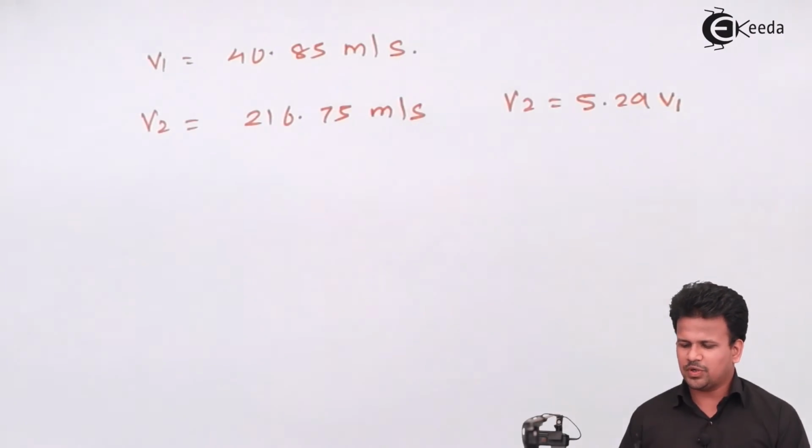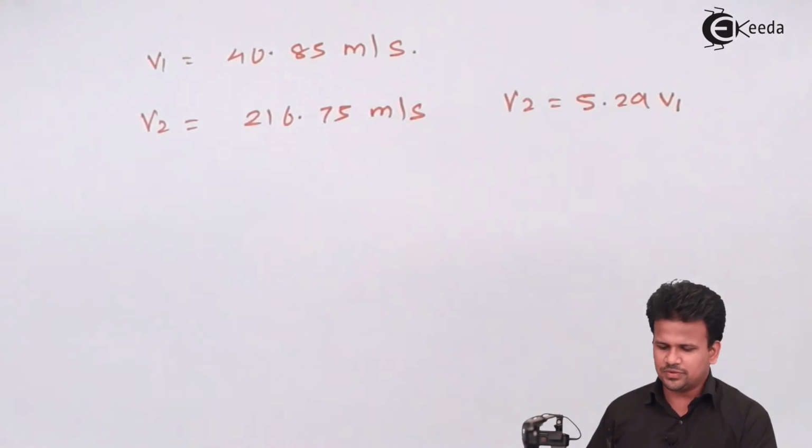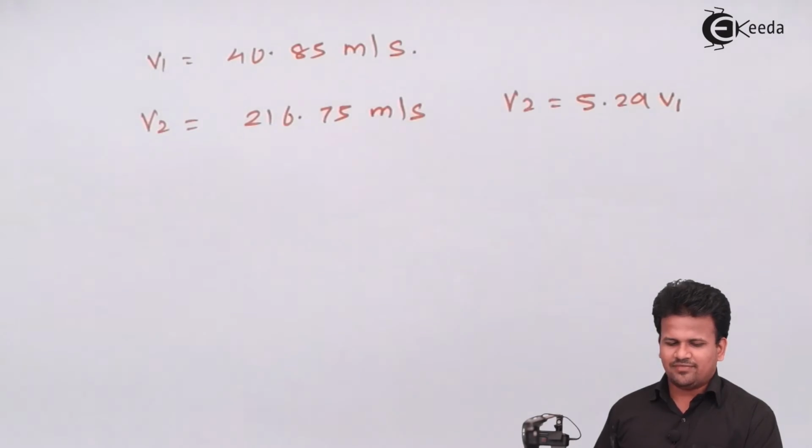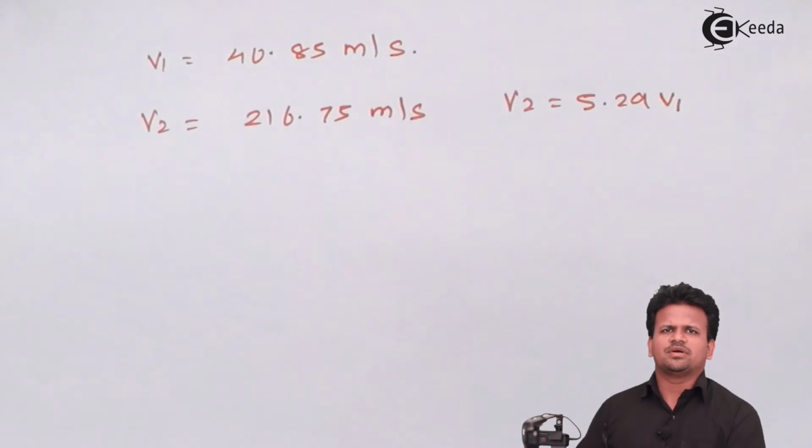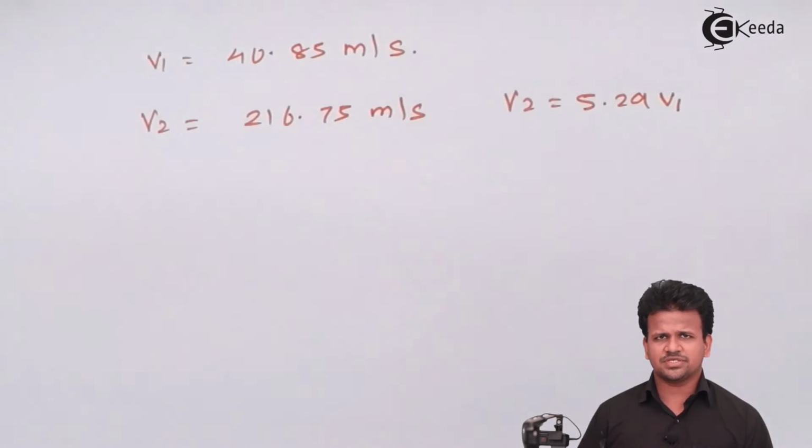So we have got the values of v1 and v2, as well as the densities ρ1 and ρ2. I hope you have understood how to apply Bernoulli's equation and the continuity equation for an isothermal process for an incompressible fluid flow. Thank you.